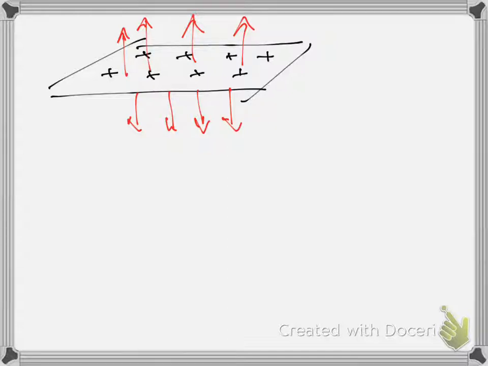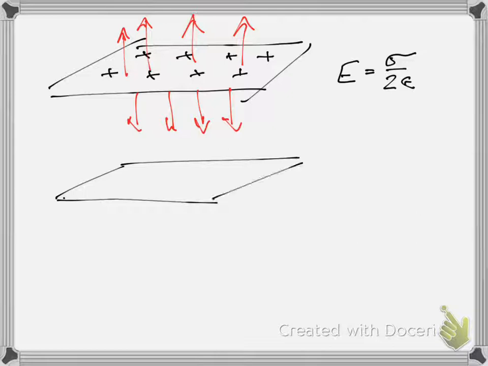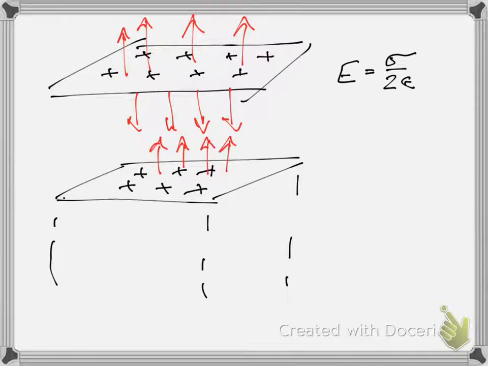This shows a plane of charge, and the electric field due to a plane of charge at any point above or below the plane is sigma over 2 epsilon 0. The difference between that and the solid conducting cube or solid conducting surface is that the electric field only points outward from the surface and there's no electric field on the other side.